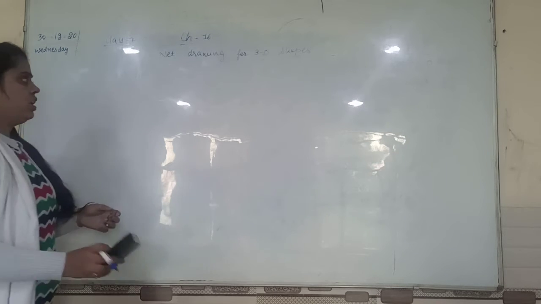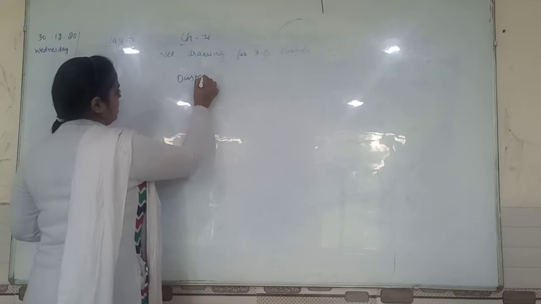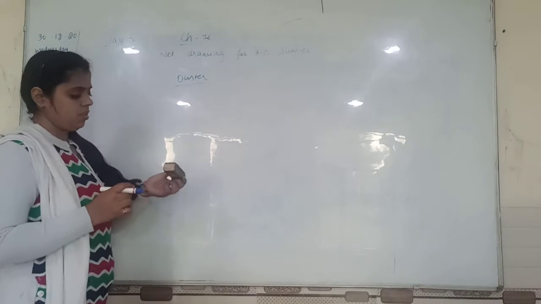Right? So for 3D shapes, the best example, as I showed you yesterday also, in your day-to-day life, you can take a duster. This duster is also our best example for 3D shapes. How?